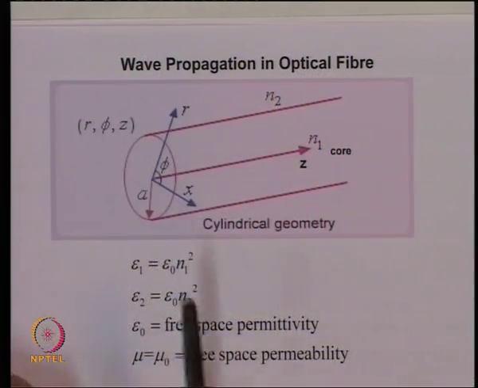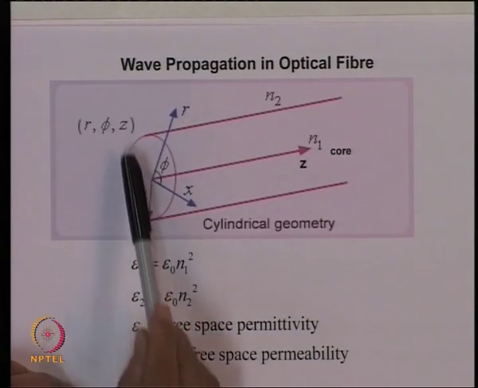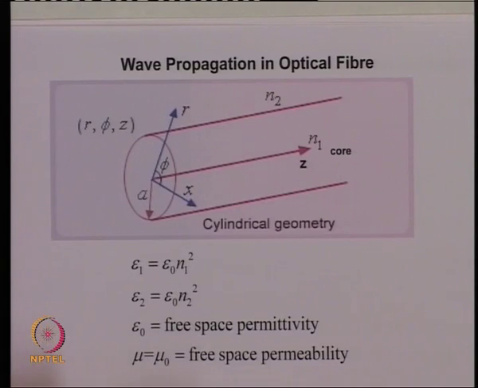Before we do that, first we have to choose the coordinate system which is appropriate for investigating propagation of electromagnetic wave inside the fiber. And since fiber is a cylindrical rod, essentially we choose the cylindrical coordinate system to investigate this problem.